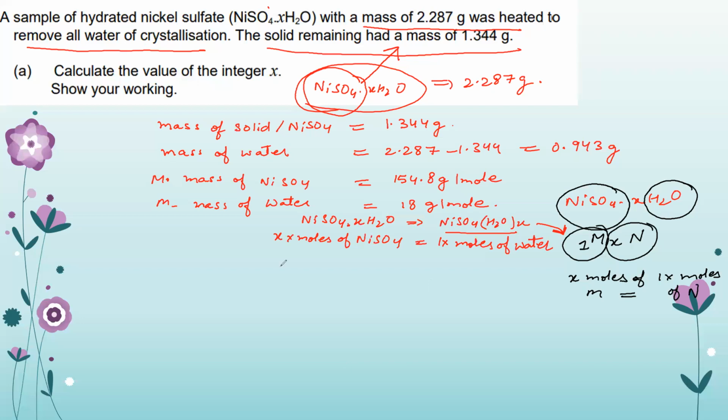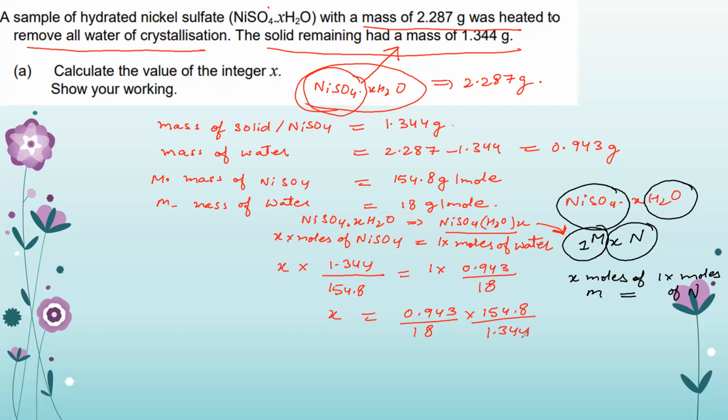Okay. So X times moles of nickel sulfate would be 1.344 divided by molar mass of nickel sulfate, which is 154.8, equals to 1 time moles of water, which would be 0.943 divided by 18. So you can find the X from here, which would be taking this to other side, 154.8 divided by 1.344.